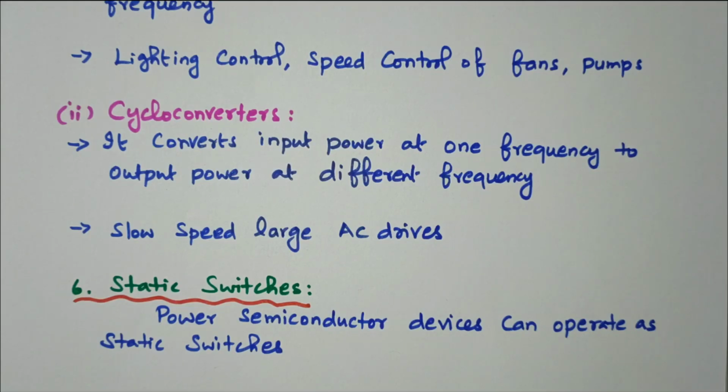If you vary the frequency, it's called a cycloconverter. So these are the major converters available in the power electronic system. In a power electronic system, our main objective is to control and convert. So this converter is able to convert from one power into another form according to the load requirement, and also control. By using the firing angle of the thyristor, we can control the power also.